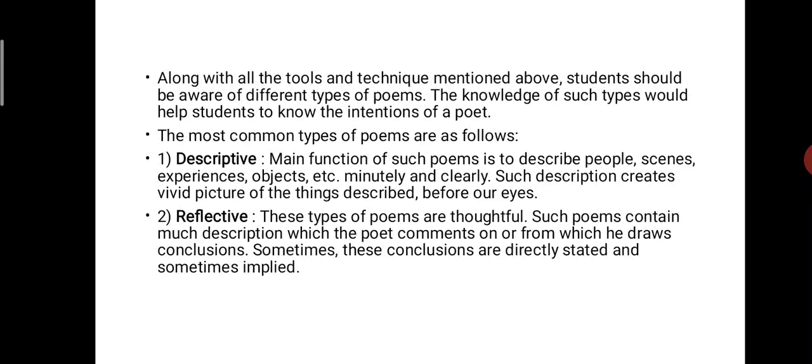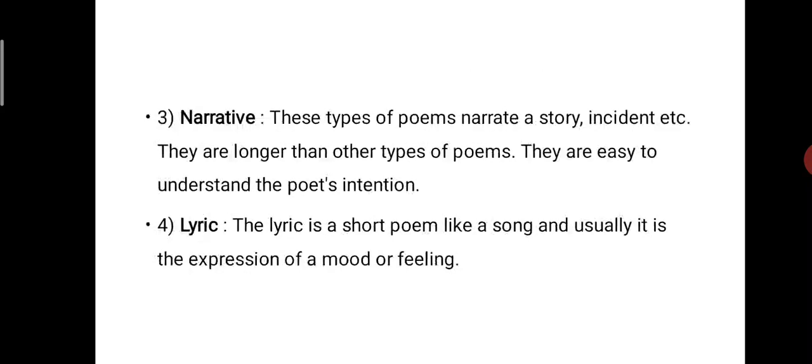Next type of poem: reflective poems. These types of poems are thoughtful. Such poems contain much description on which the poet comments or from which he draws conclusions. Sometimes these conclusions are directly stated and sometimes implied. Next is narrative. These types of poems narrate a story.